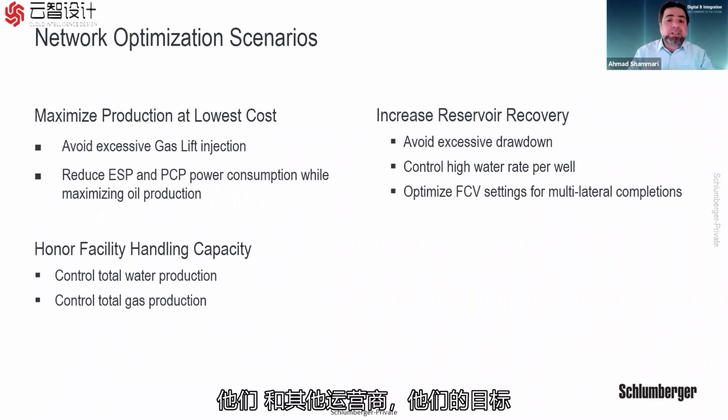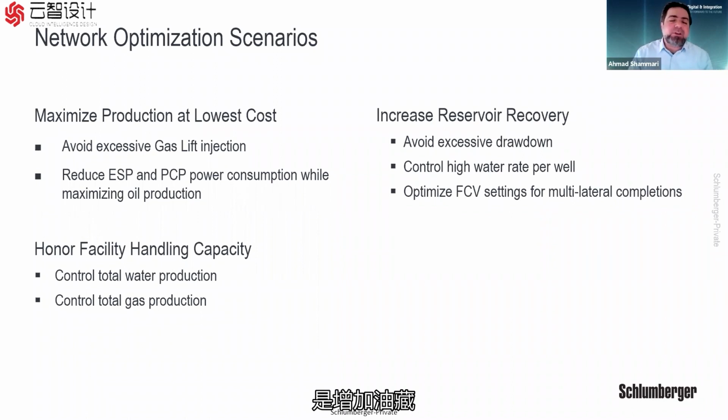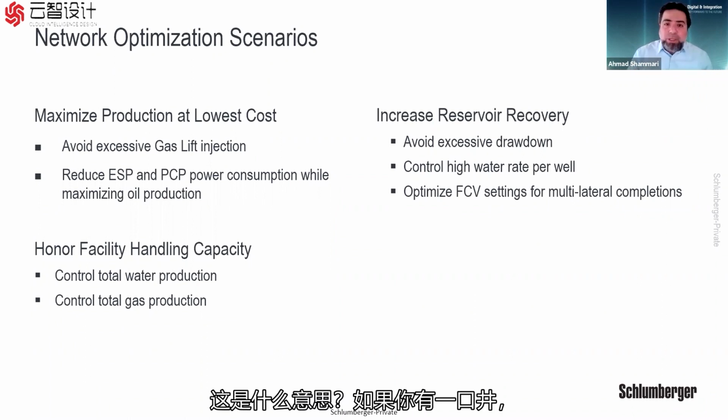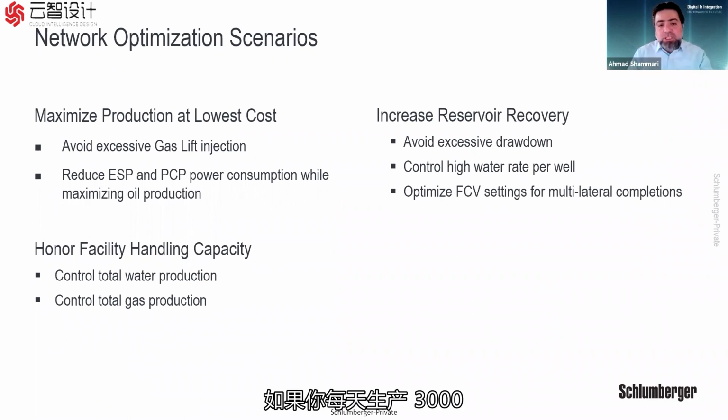But other operators' objective is to increase the reservoir recovery instead of maximizing production. What do we mean by that? If you have a well and you produce it at, let's say, 3,000 barrels per day, it will produce, but then after, let's say, 6 months, 1 year, 2 years, you will start seeing water because the drawdown is high, okay?